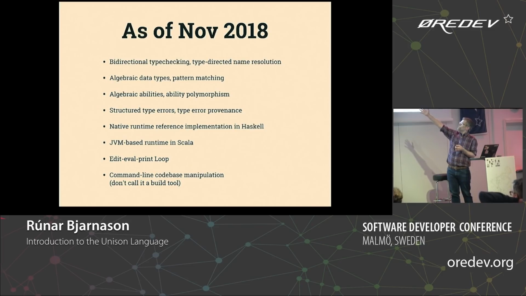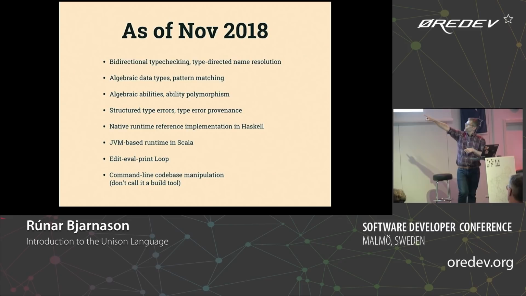We have a native runtime that we wrote in Haskell, and we have a JVM-based runtime that we wrote in Scala. So you can run either natively or JVM-based. We have this cool thing that I might have time to show you, which we're calling an edit eval print loop. So instead of a REPL, you just use a text editor to edit stuff, and then you save the file, and Unison will pick up the stuff that you saved.